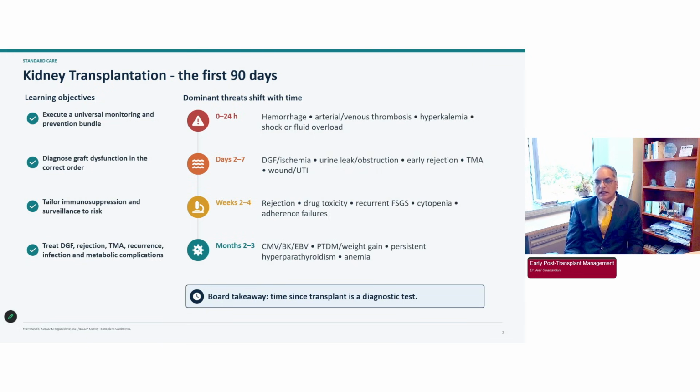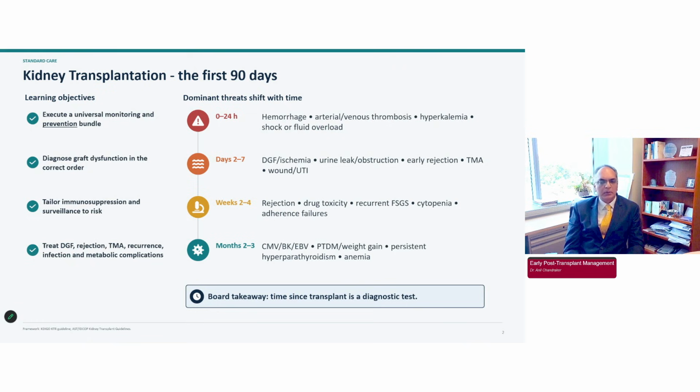If we think of the first 90 days as being early post-transplant management, you can further subdivide that time period into the first 24 hours, really the first week, then weeks 2 to 4 and months 2 to 3. There's nothing special about these time points. There's obviously a little bit of overlap, but in broad strokes, it gives you an idea of the kinds of things you should be looking for at different time points.